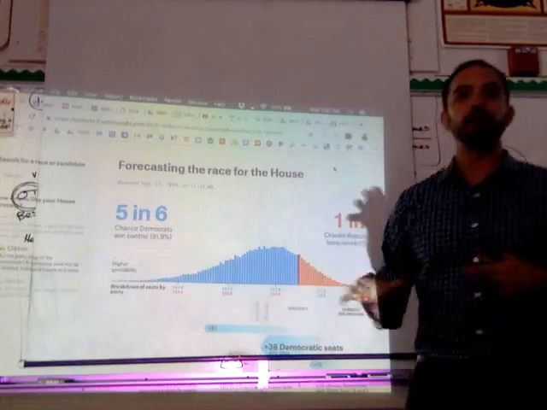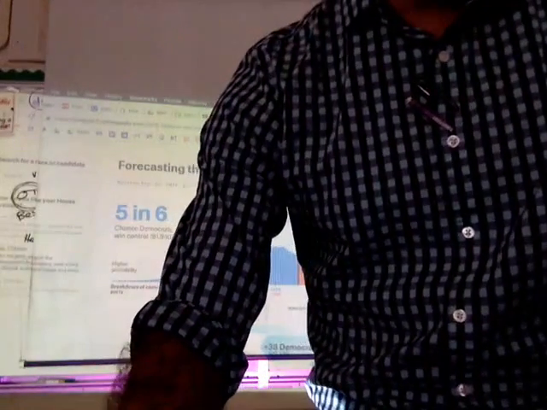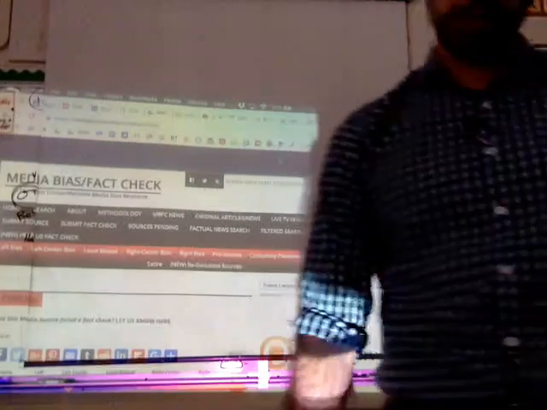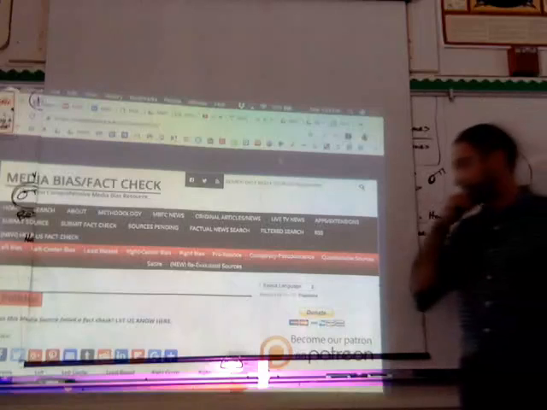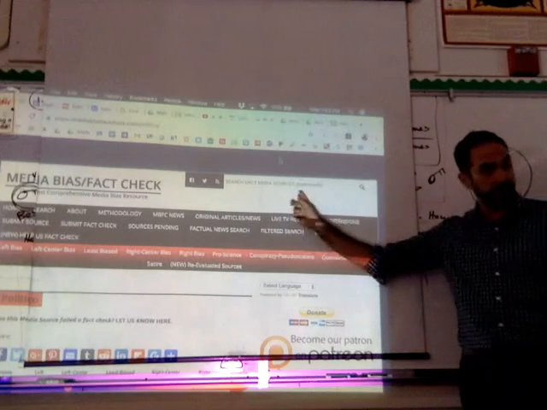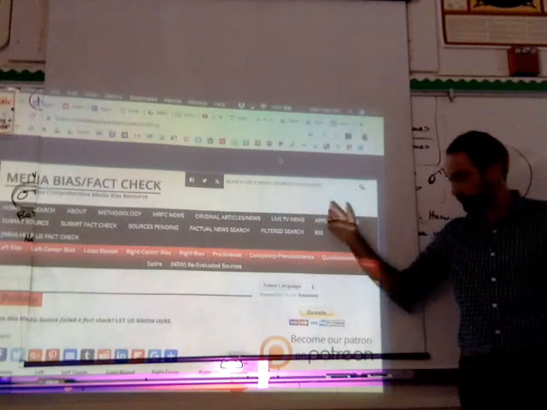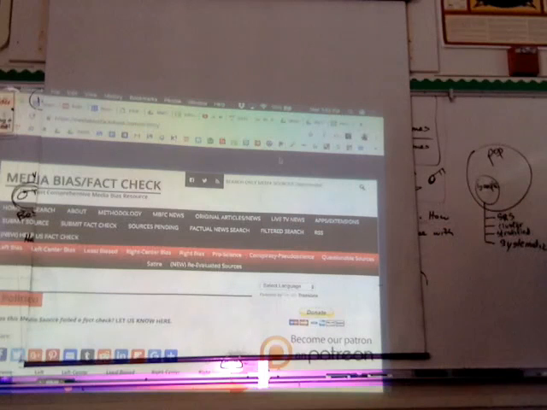Okay. Just because we're talking about bias, I want to bring up this one site if you're interested. Media Bias Fact Check. It's put together by the Dean of Law School at Northwestern. And what they've done is compile a search engine. You can put in any media source, and it'll tell you if it's biased towards left or right. It'll tell you about how accurate their facts are.